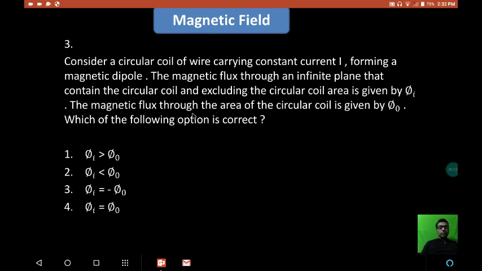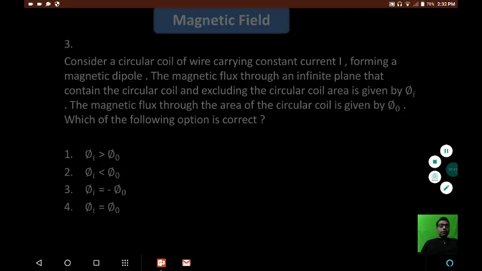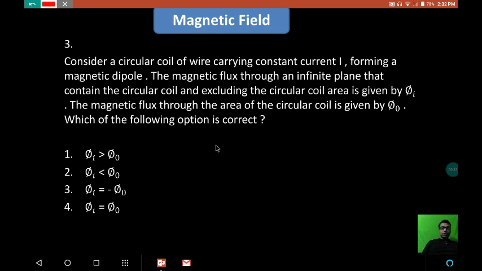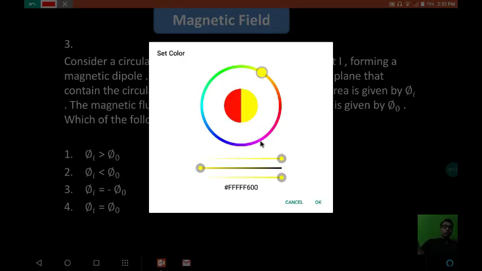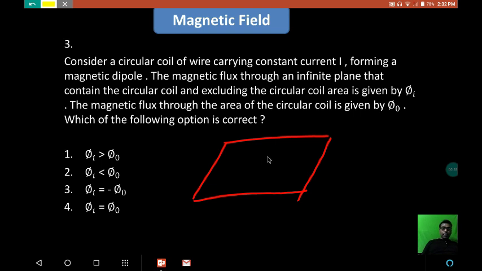What is the problem saying? If we take an infinite plane sheet, let us draw a part of an infinite plane sheet in which a circular coil is placed.